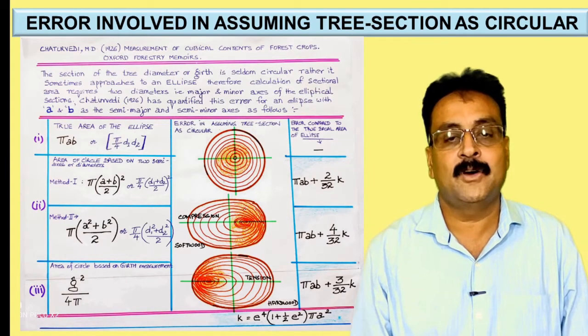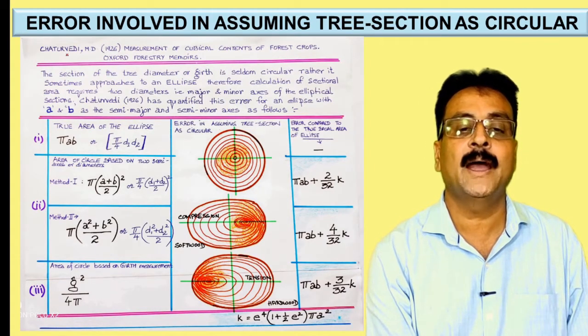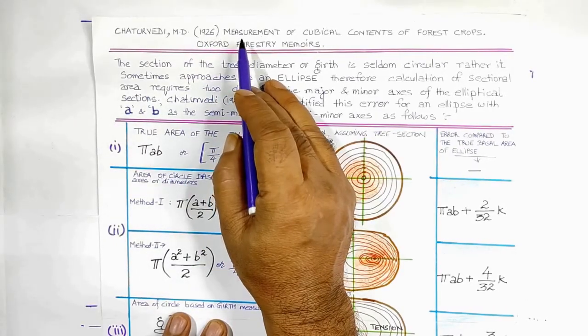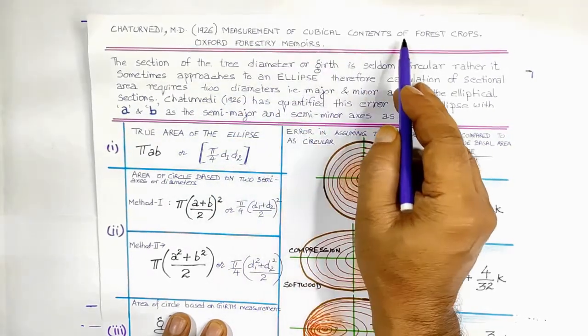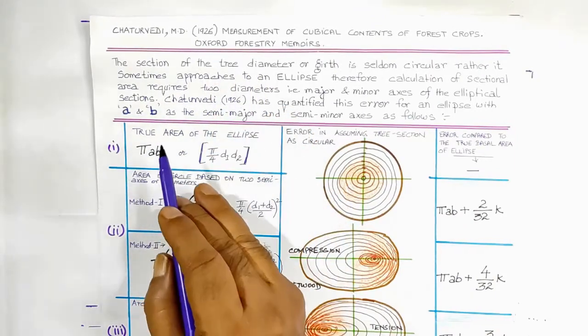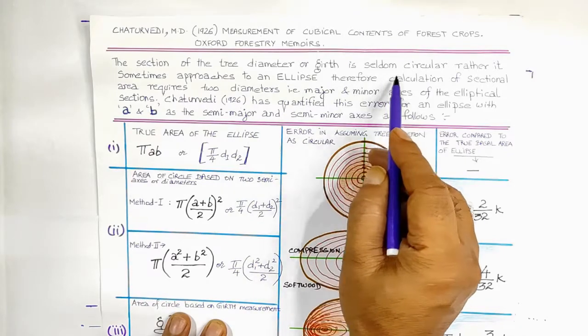So there is an error involved in assuming the tree as circular. Chaturvedi, 1926, made a calculation of measurement of cubical content of forest crops, published in Oxford Forest Memoirs. He says the section of the tree diameter or girth is seldom circular.